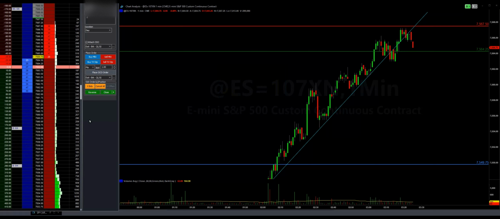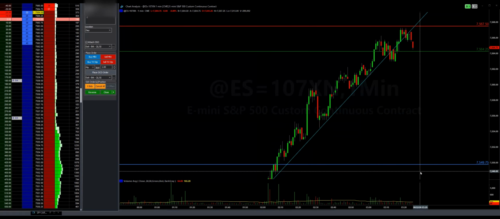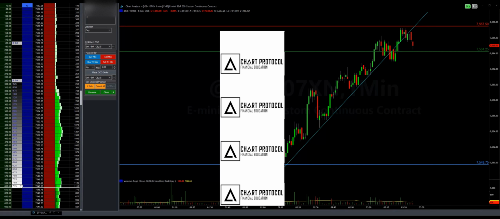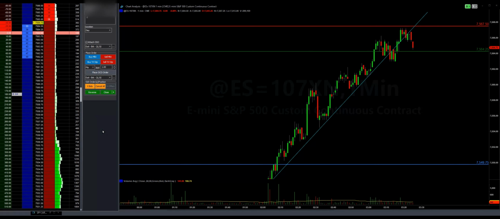Extra one tick to cover the fees, and then the final target 549, which should be here. So that's like 3 to 1, a little bit more than 3 to 1.